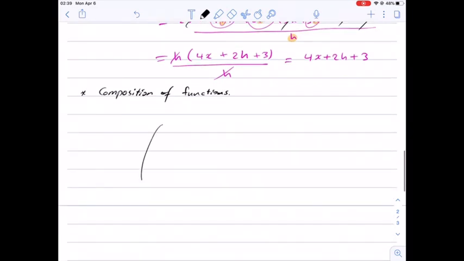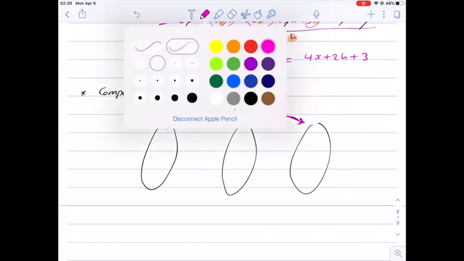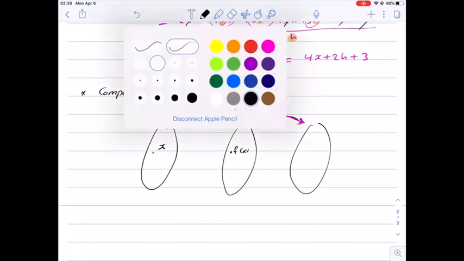So the composition means that if we have two functions, the function f defined here and the function g defined here, we use a different color for g. The elements here are x, here f of x, and here we want to move from f to g.